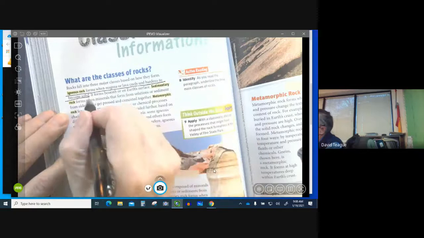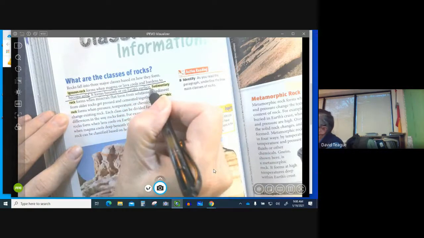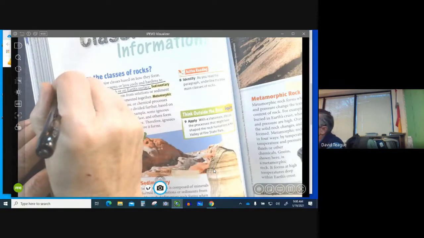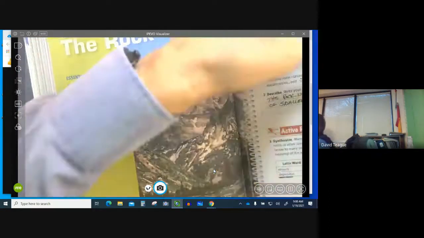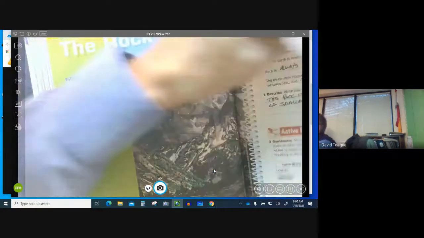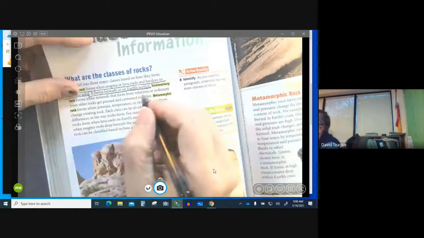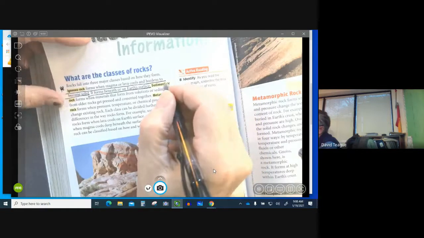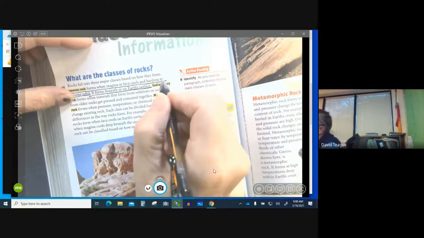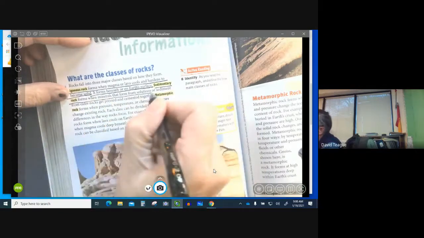It forms beneath or on the Earth's surface. So let's put a star there. Okay, so we found igneous rock, sedimentary rock. Sedimentary rock forms when minerals that form from solutions or sediment from older rocks are pressed and cemented together. So let's underline that.